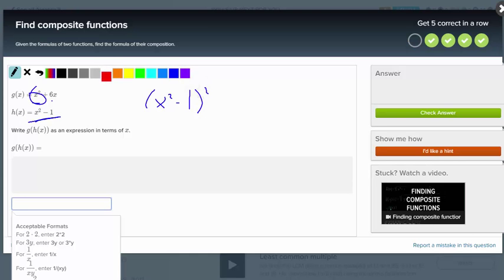This squared comes from here, that squared. Okay, so let's clean this up a little bit so we can see it. And then plus 6 times (x squared minus 1).